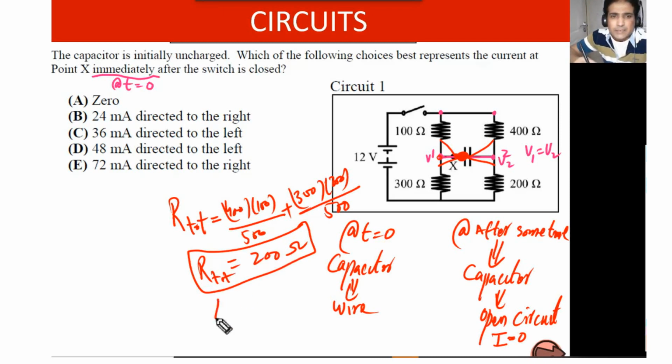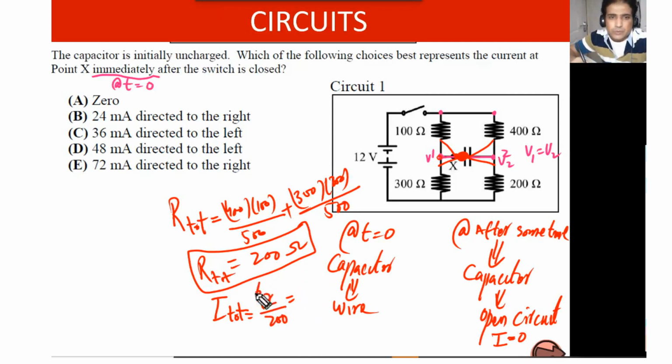Now, the next thing we need to find out is the total current in the circuit. If you have this resistance and this is our power supply, we can find I total. That will be 12 divided by 200. We divide by this and then we can find the total current.